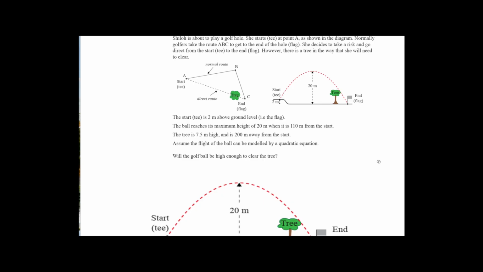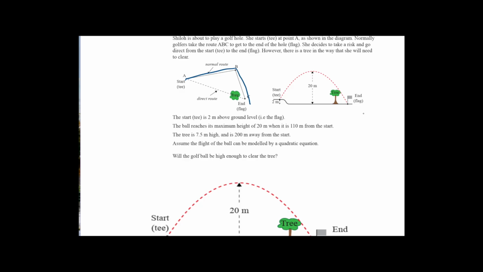Okay, the last question is about golf. So Shiloh is about to play golf. She tees off from TA and she doesn't want to go the normal route, which is down this way and then to the tee. She wants to go all the marbles.